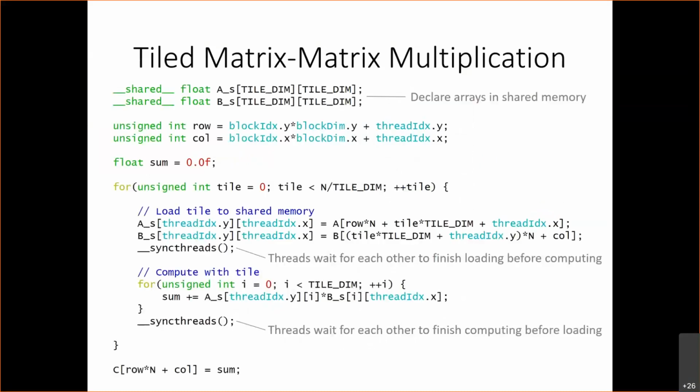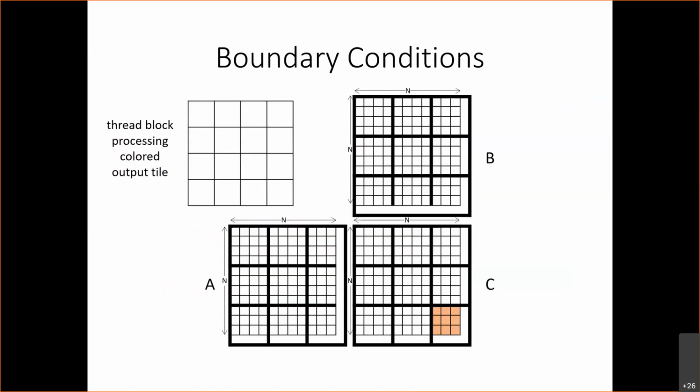Now, a few things to be careful about when we are writing this kind of code is boundary conditions. We always look at boundary conditions. In the previous application that we implemented, we simply deactivated all the threads that were not computing any output elements, and we did the whole computation.